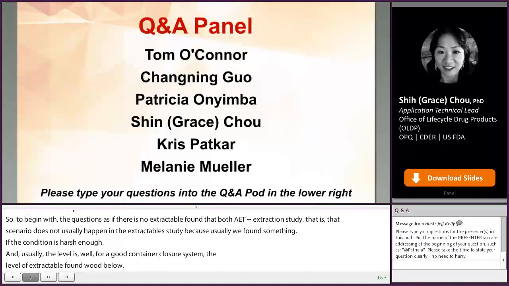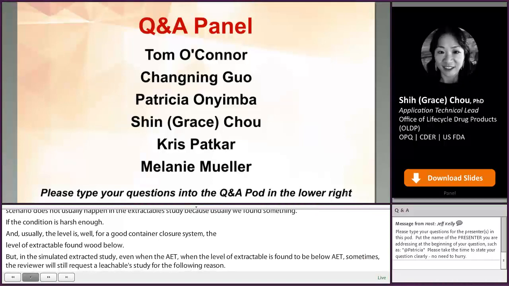sometimes the reviewer will still request a leachable study for the following reason. First of all, there could be migratory components that leach into the product over time.